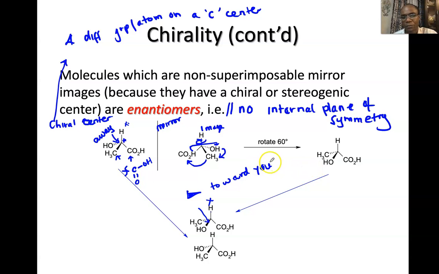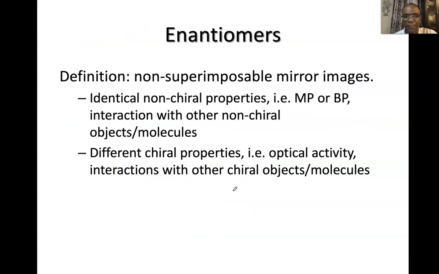I don't want you to stress yourself with all these rotations unless you have the model kit where you can build a molecule and visually look at it. We will want to define R and S, which will help us to do that. So again, remember, enantiomers are non-superimposable mirror images.